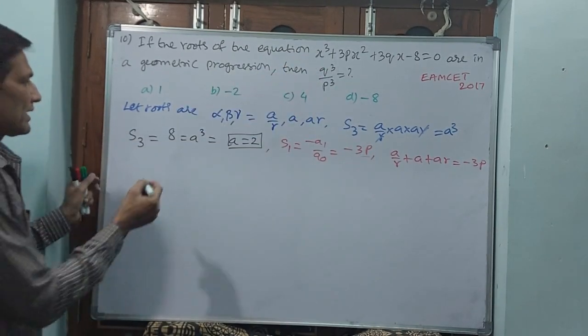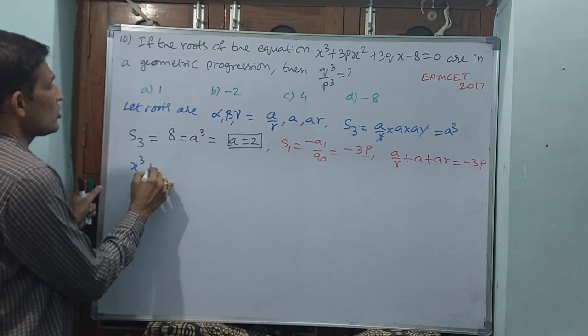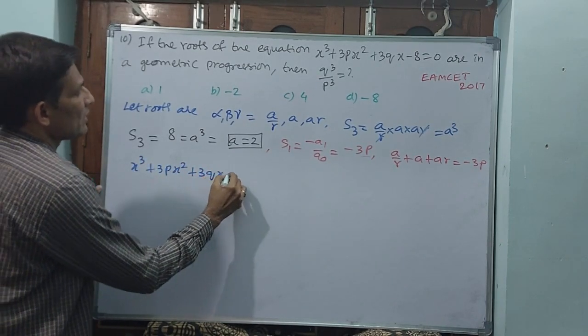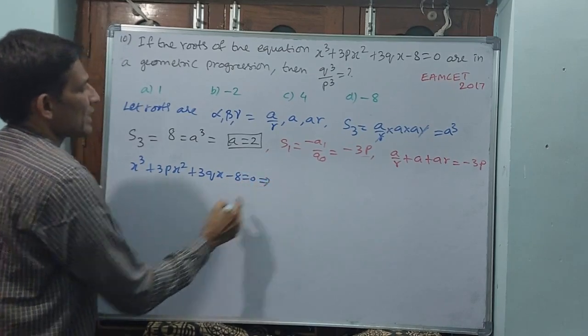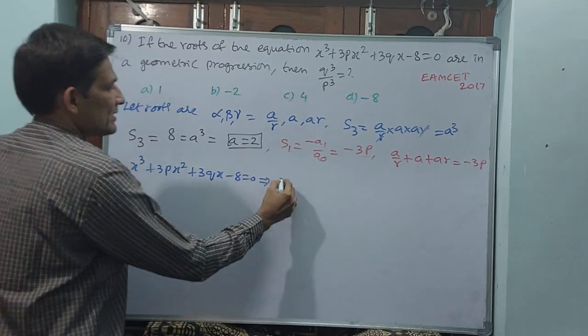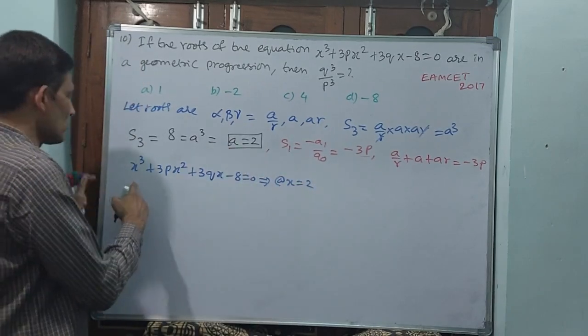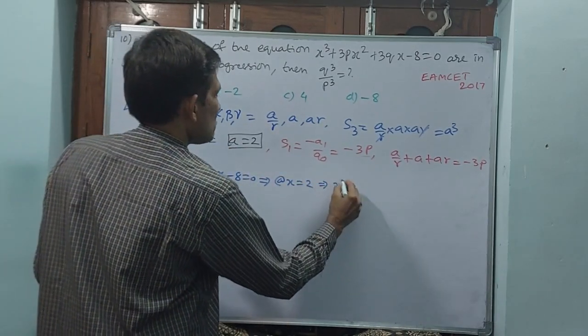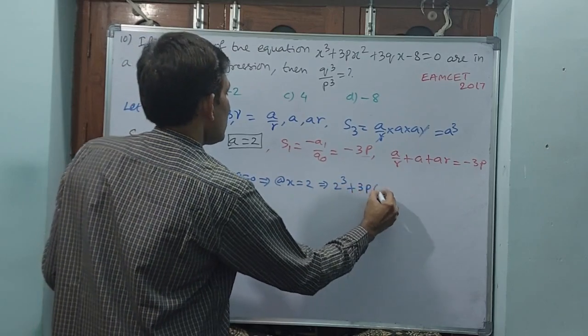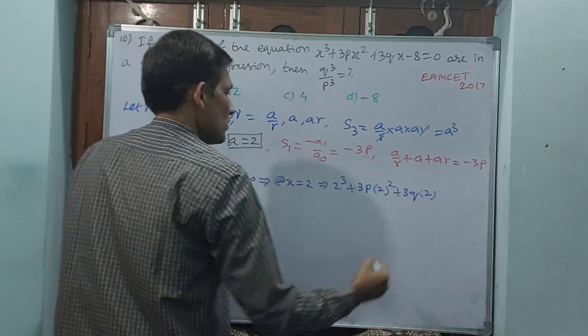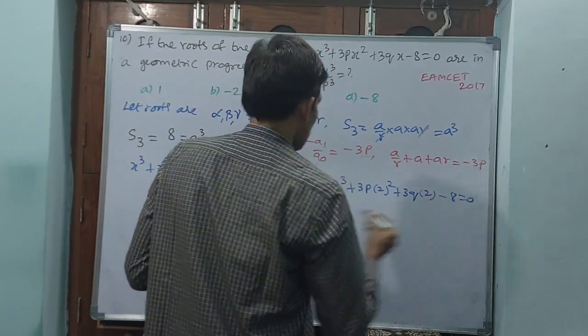Then you substitute directly. x cube plus 3p x square plus 3q x minus 8 equal to 0, at x is equal to 2, because 2 is one root: 2 cube plus 3p into 2 square plus 3q into 2 minus 8 equal to 0.